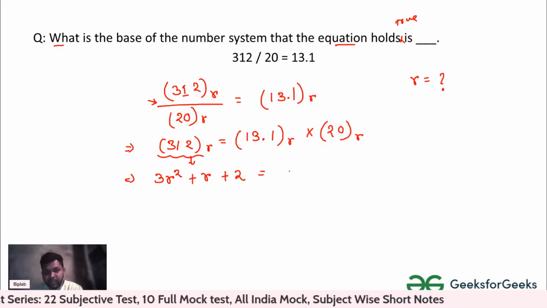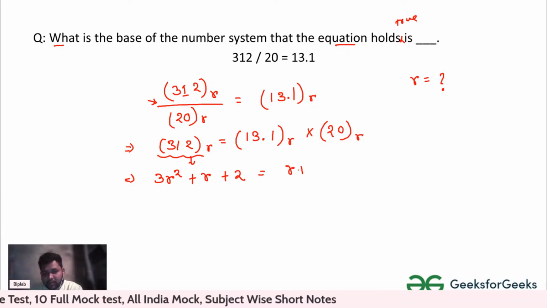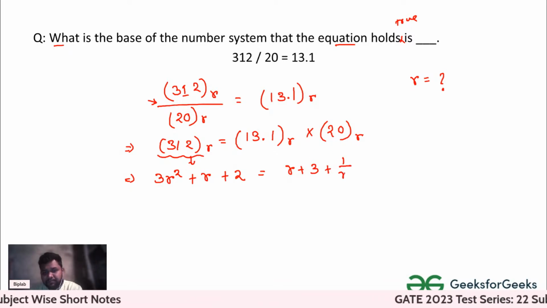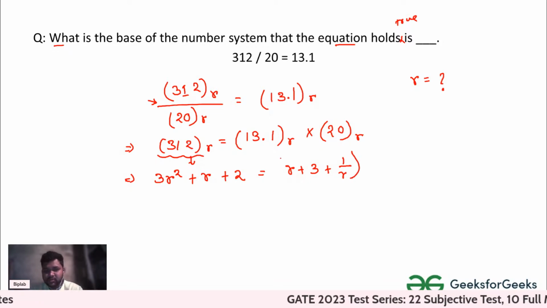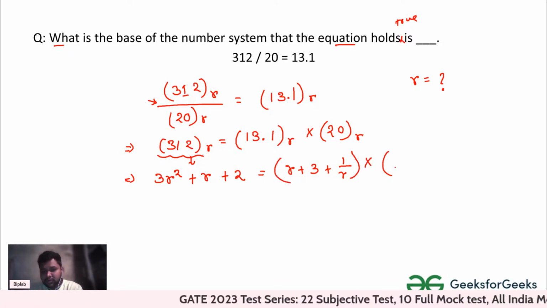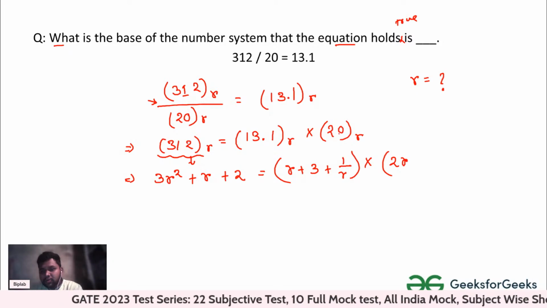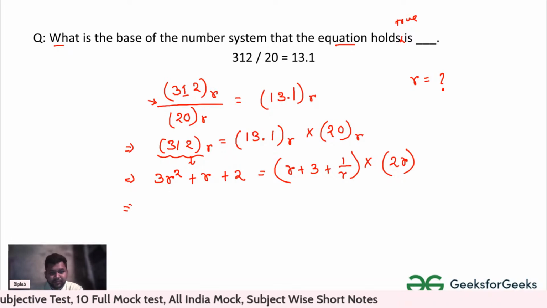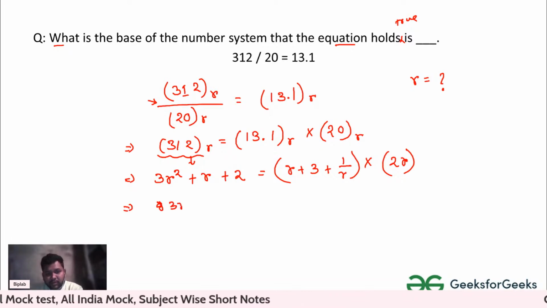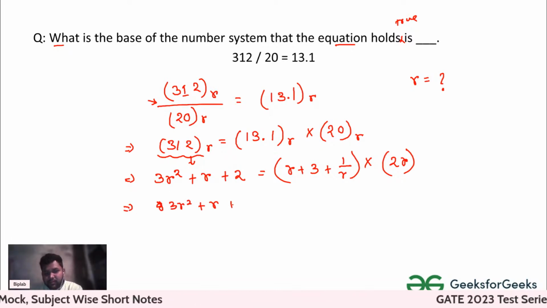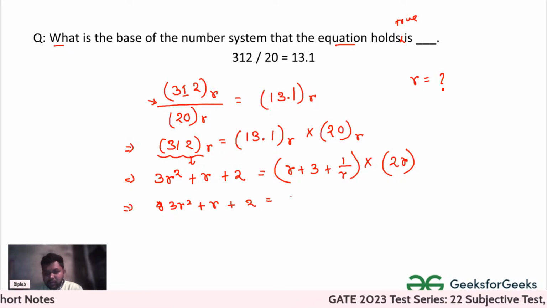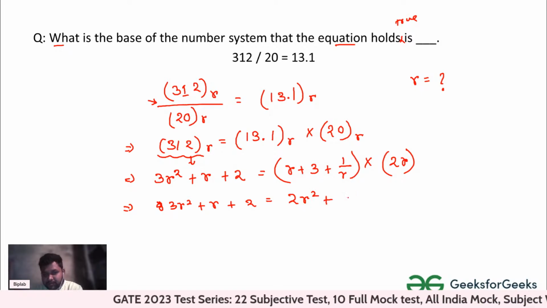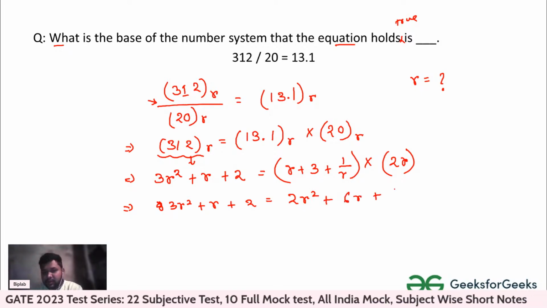And here also r plus 3 plus r to the power minus 1, which is 1 by r into 2r plus 0. There is 0, so you don't need to write this. So that is 3r square plus r plus 2 equals 2r square plus 6r plus 2.